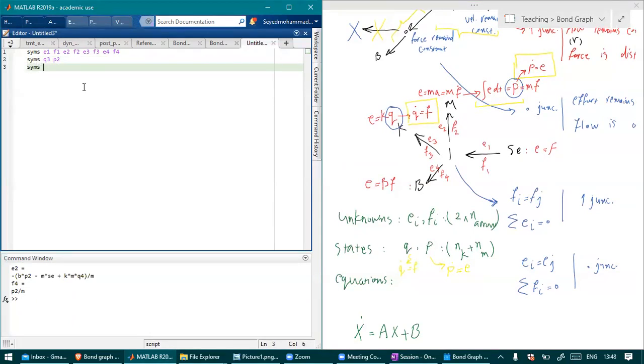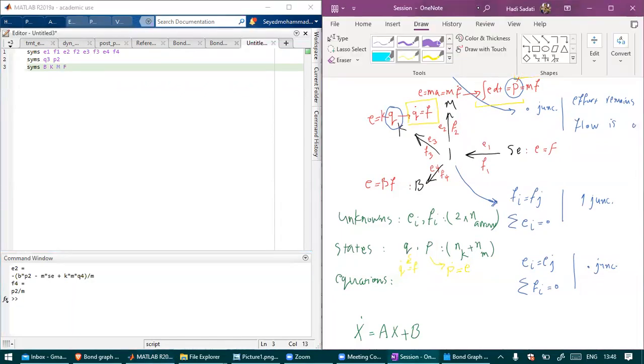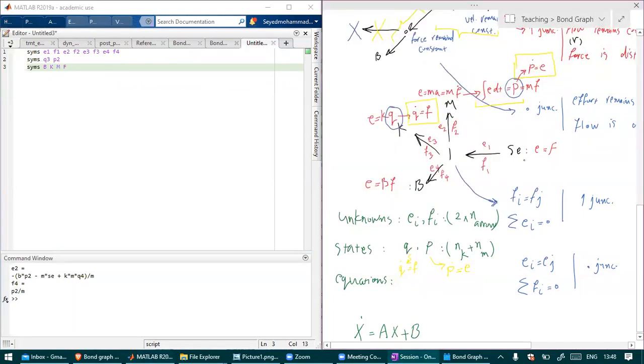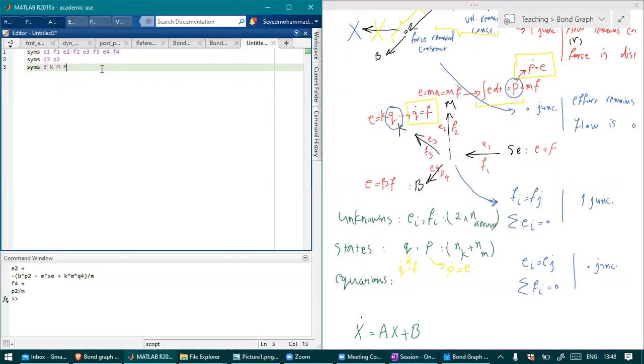And then I have some constants like B, K, M, and F. Okay, I just forgot to say that we have an equation for the source of effort as well, which basically says E is equal to F. I didn't forget that actually, I've already told you that.